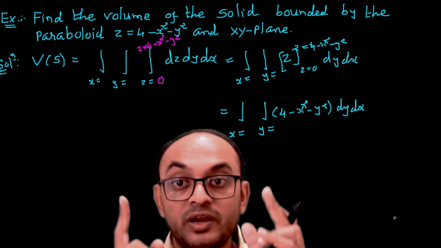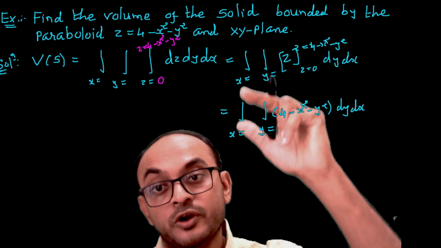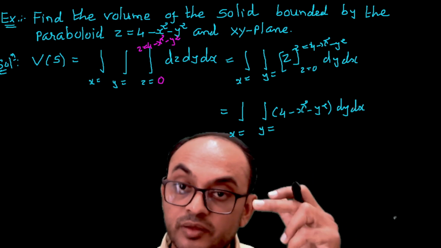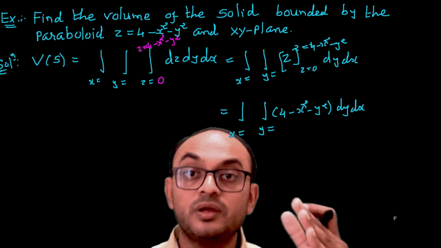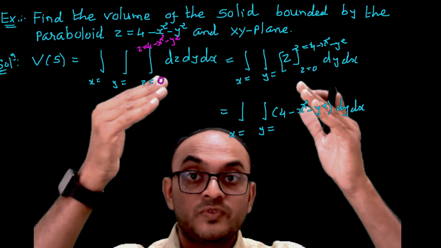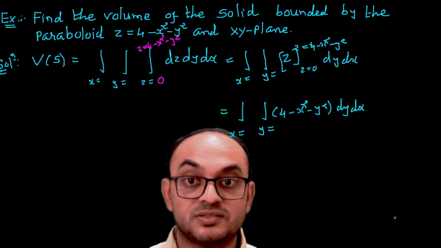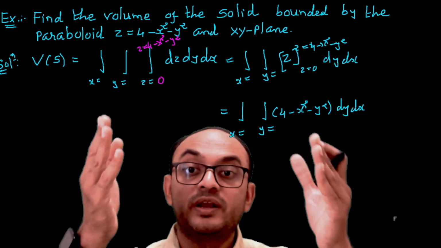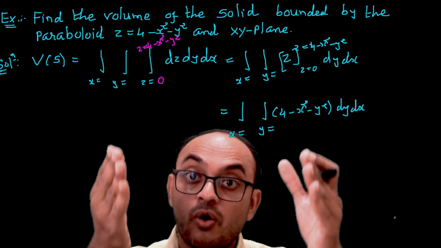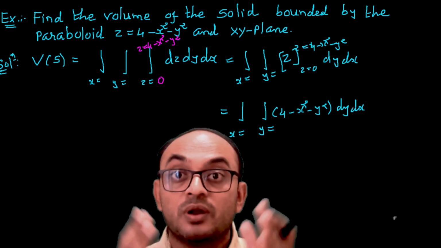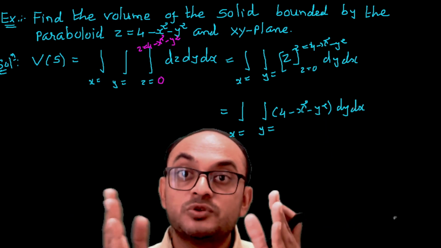See, in double integration, when we drew the vertical line, we wrote the limit of y. Then what we did was take the projection of the region on the x-axis. Here, we take the projection of the solid on the xy plane. So now let us observe how the projection looks.